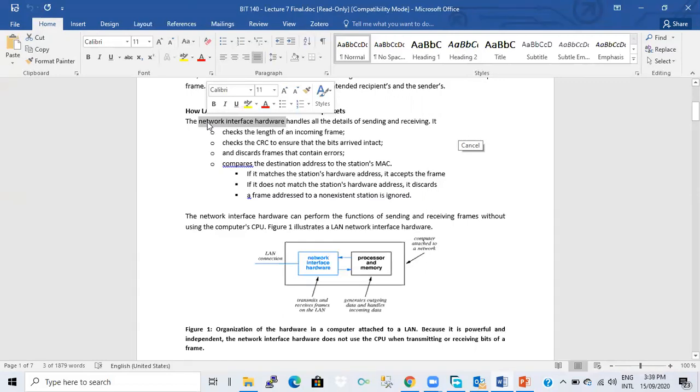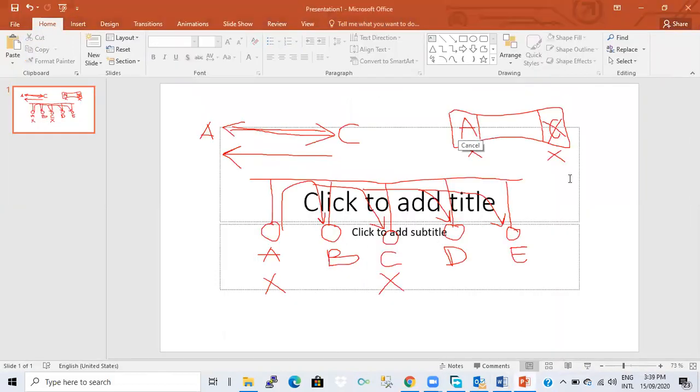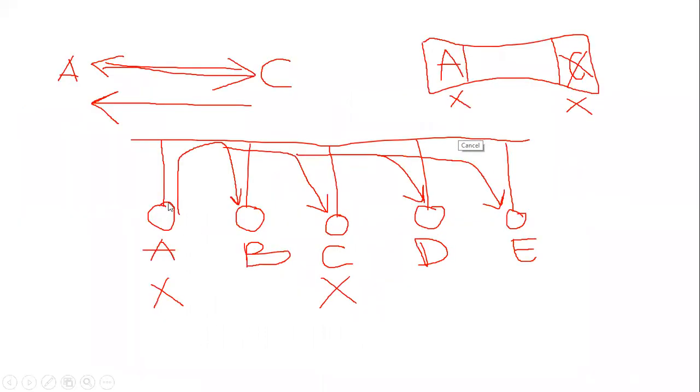So the network interface card is what will determine this, when we go back to this example of ours. Each computer here, just visualize that there's a network interface card, because this is a cable and this is another cable. Where the cable and the computer join, there's a network interface card.